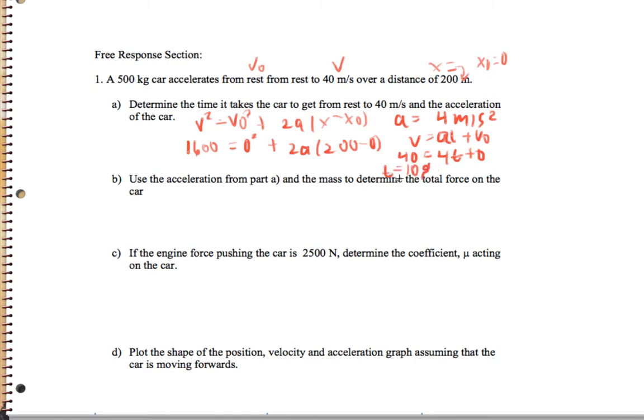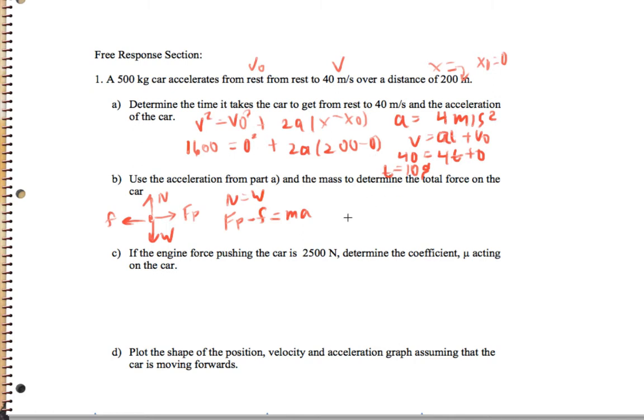Now continuing on this, we want to know the total force on the car, so let's just do a free body diagram quickly. So we've got the pushing force of the motor, friction, we've got the normal force, and we've got the weight. Now we know that the normal balances the weight since the car doesn't fly up into the air or crash into the earth, and we know the pushing force has a tug of war with the friction, and the effect is the car accelerates.